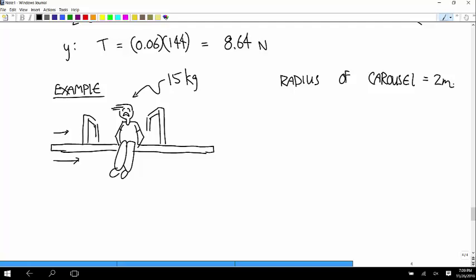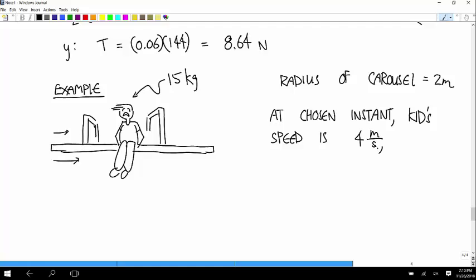And let's say that at the instant that we're looking at, at this chosen instant, the kid's speed is 4 meters per second, and the kid is speeding up at a rate of, let's say, 6 meters per second squared.